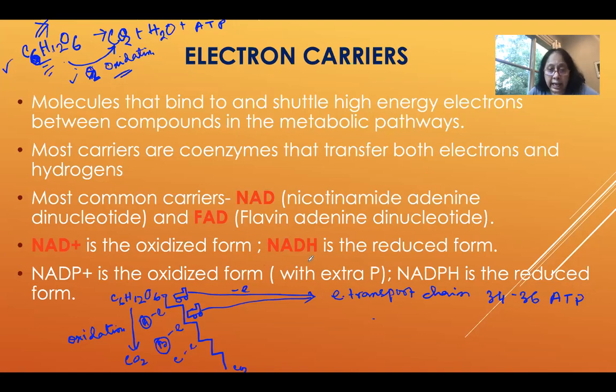NAD, the nicotinamide adenine dinucleotide, is also very important for photosynthesis in plants. There is also FAD, flavin adenine dinucleotide. FAD converts into FADH and NAD converts into NADH. These two are very common electron carriers in our metabolic pathway.